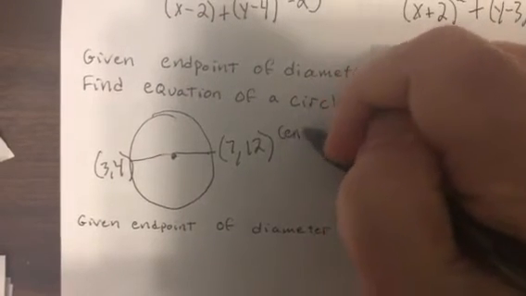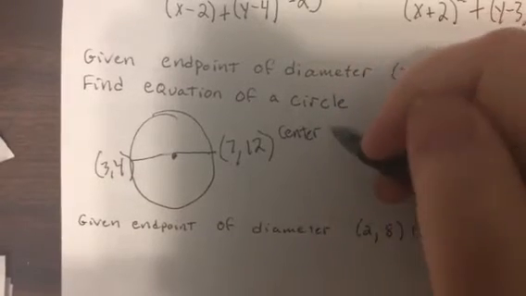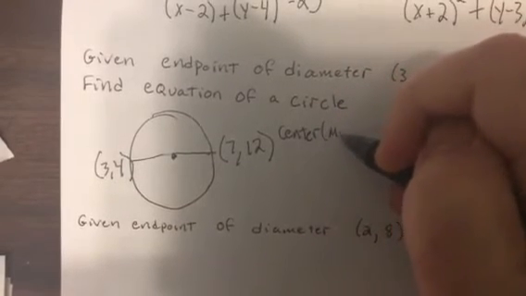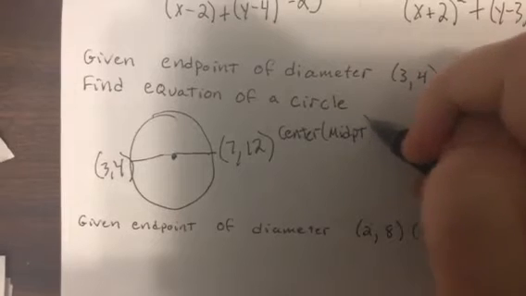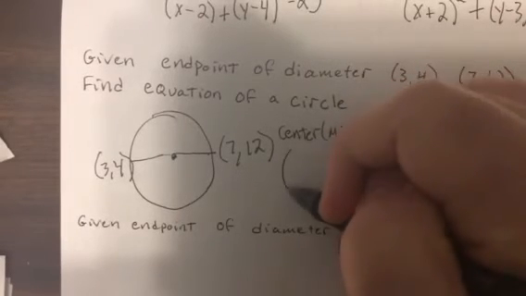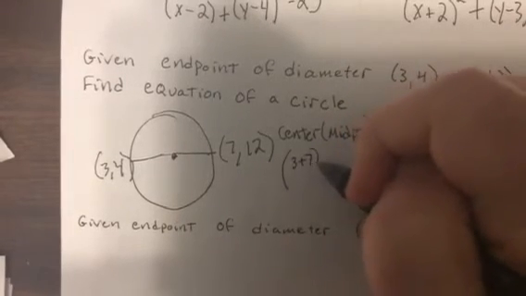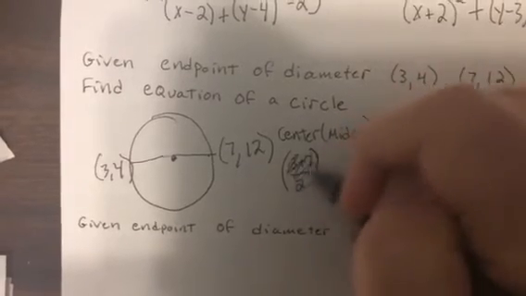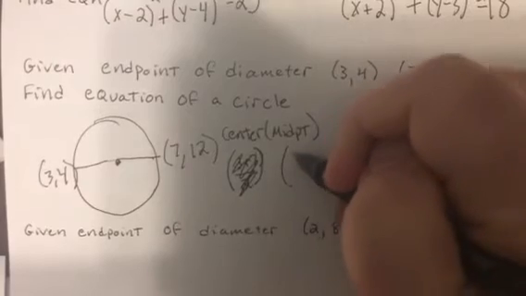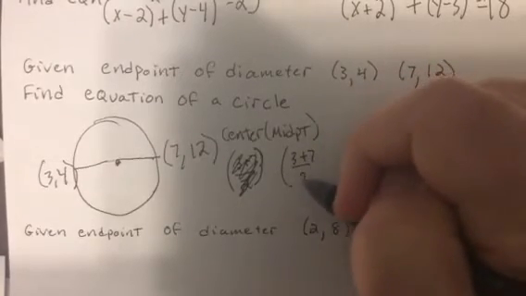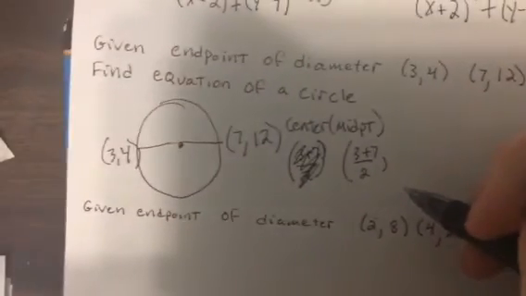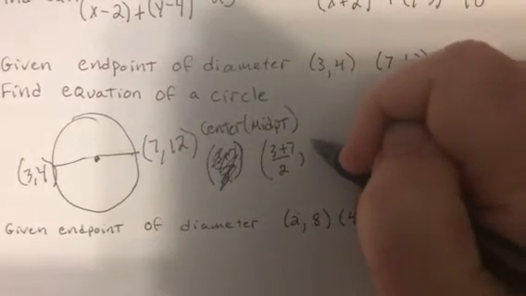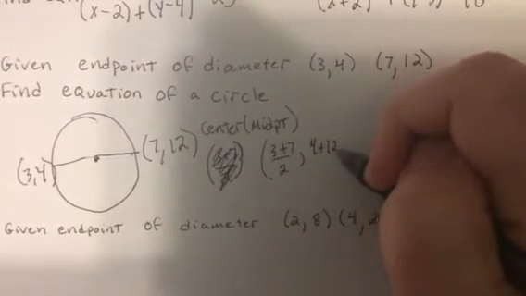So the center is the midpoint of the 2 endpoints. So we'd have (3 + 7)/2, oh, I messed this up. Start over. (3 + 7)/2, comma, boy, my eye hurts, (4 + 12)/2.